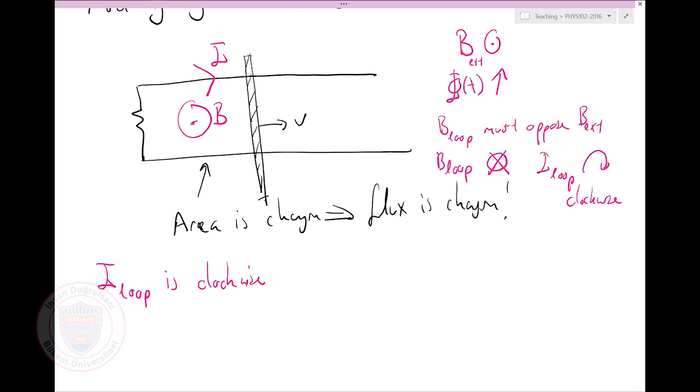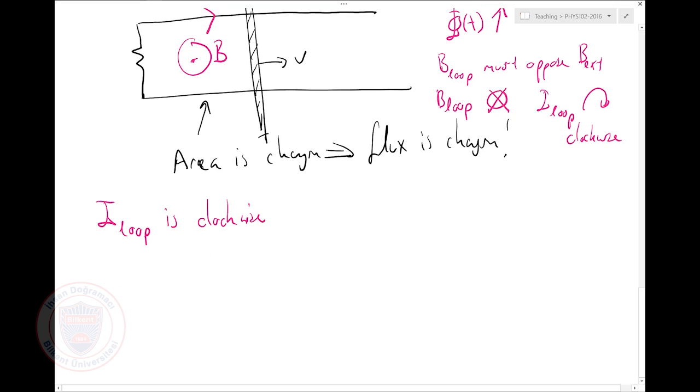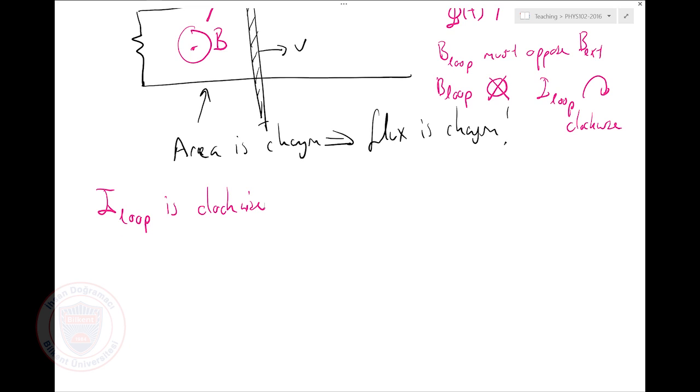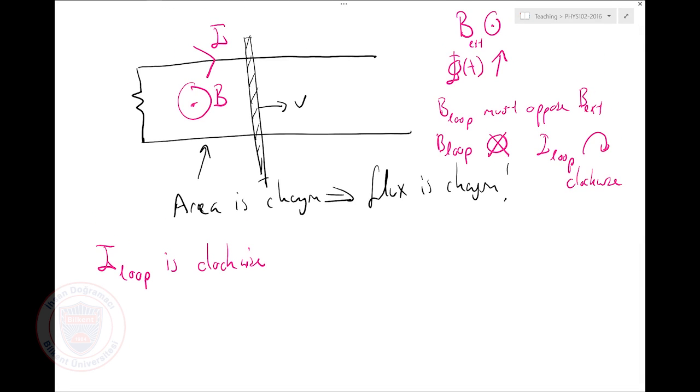Good. Now let's calculate the amount of the current. What is the flux at any time through this loop? Well, I know one side of my rectangular loop is L, but the other side is changing with time.